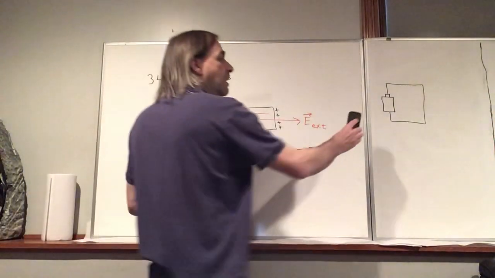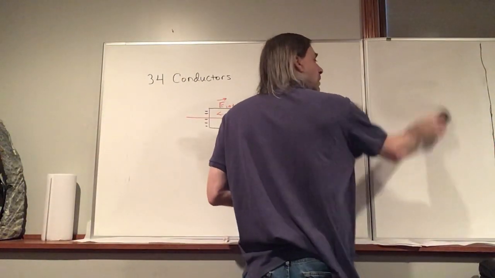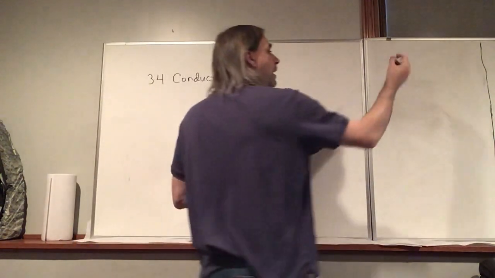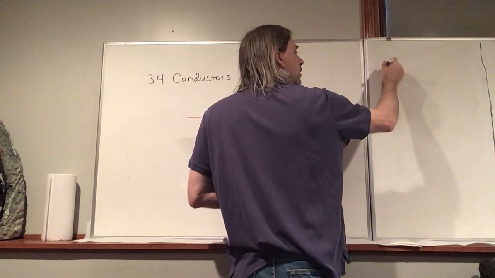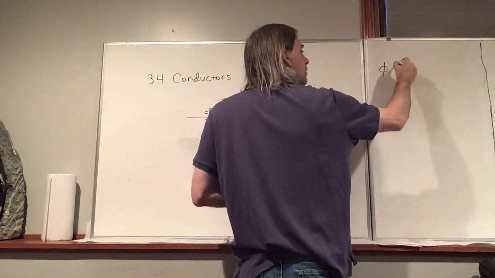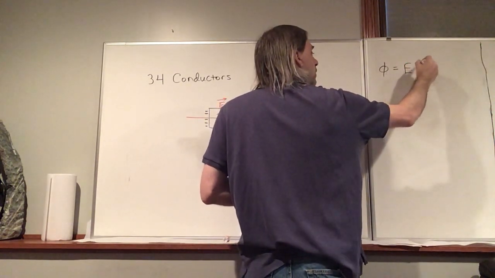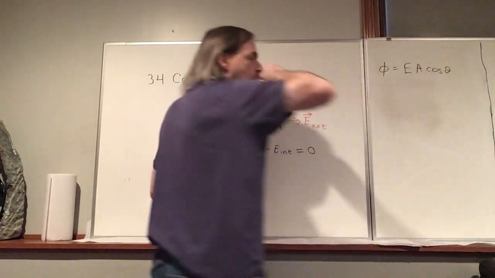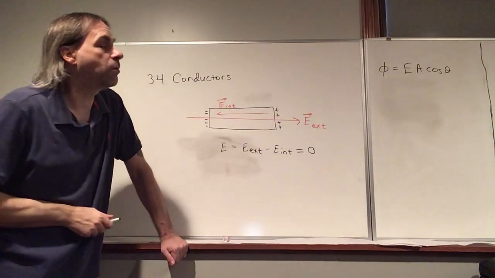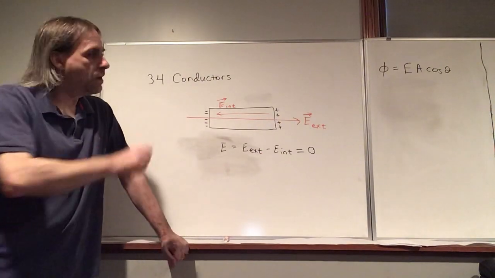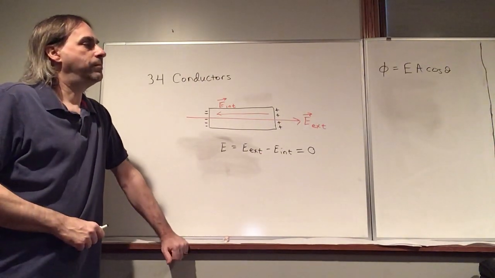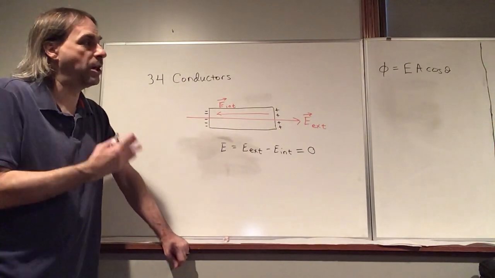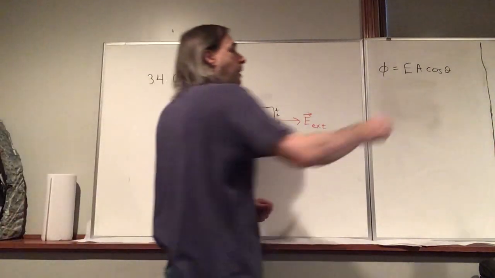Okay, so let's look at Gauss's law again. I'll just write that down. Where we've got electric flux. We use a Greek letter phi for electric flux. And again, E is the electric field, A is the area of a surface, and we have a normal vector.